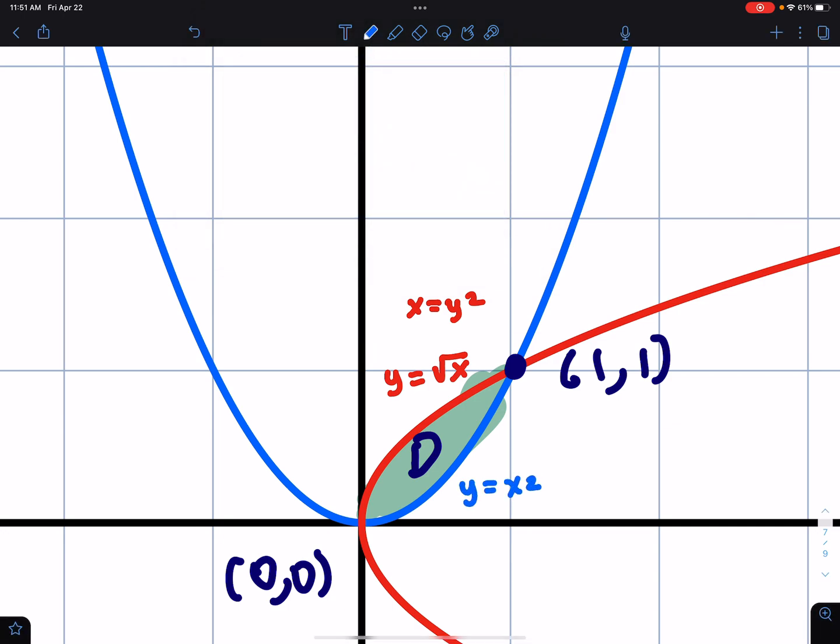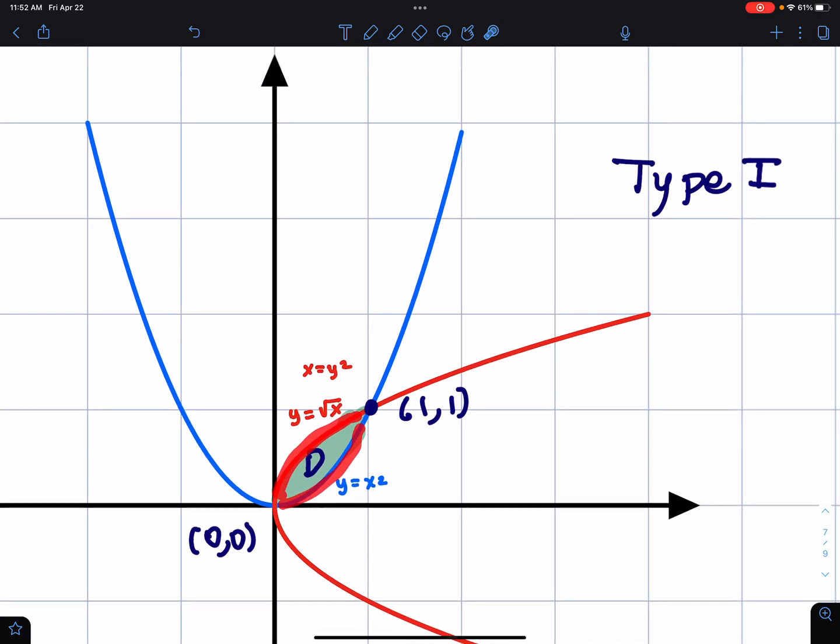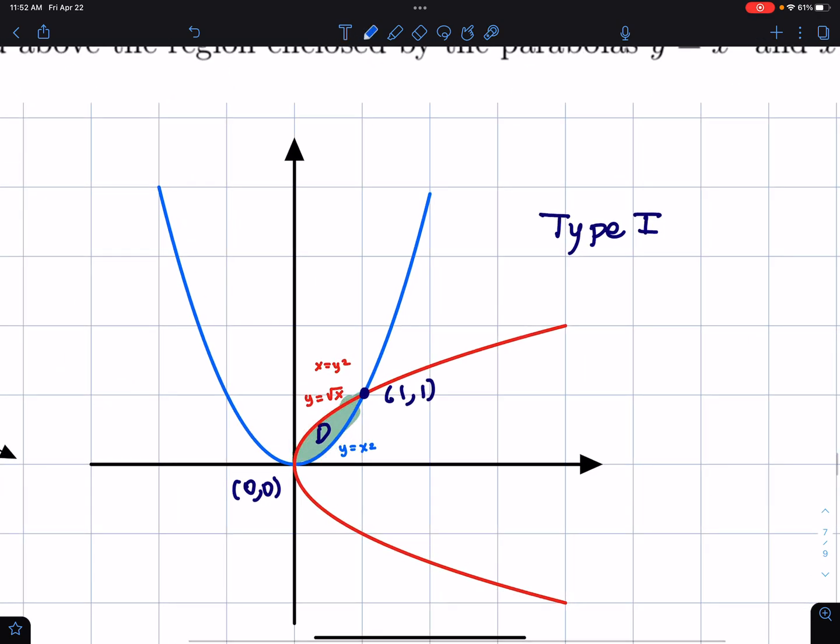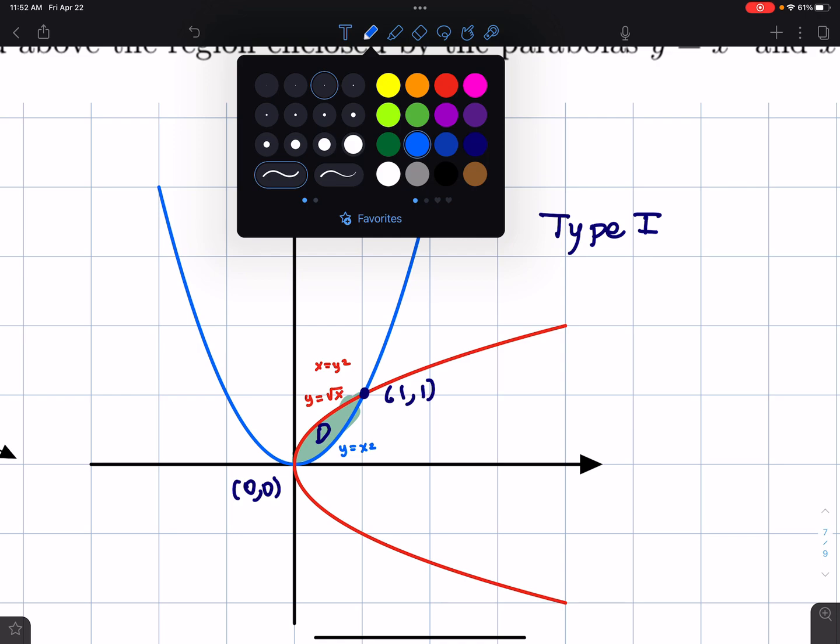So type 1 means that the region is described above by y equals a function of x, and below by y equals a function of x. It's also, by the way, a type 2 region. We could express on the left x equals y squared, or y equals x, and on the right x equals the square root of y. But I'm going to use type 1. We could use either way.